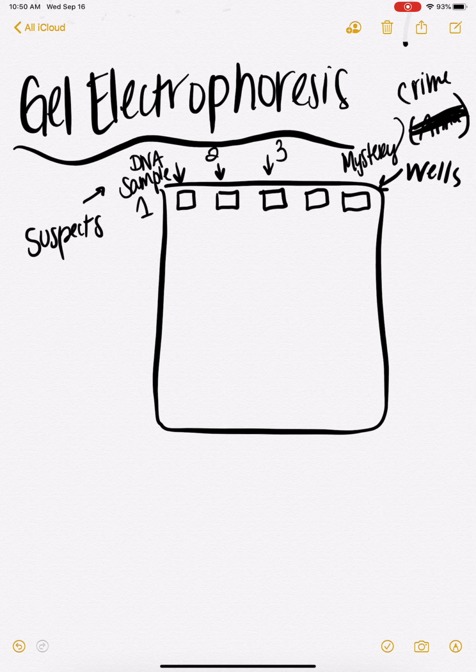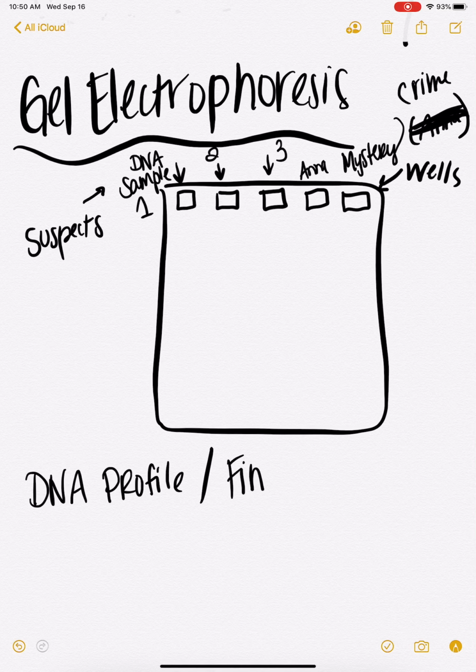Did it come from Anna? Did it come from one of the suspects? We would put Anna in one of these wells too, because we want to know if it's actually her DNA or not. And we would run a gel electrophoresis on it. A gel electrophoresis is how you determine whether the DNA is theirs or not. What you get is a DNA profile, or sometimes it's referred to as a DNA fingerprint.